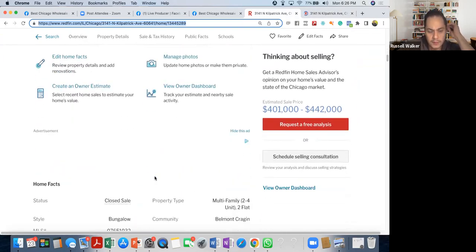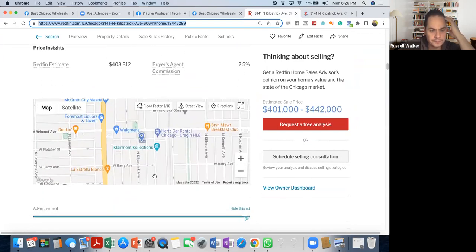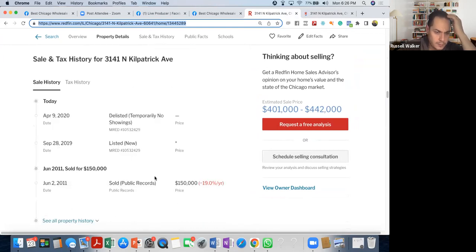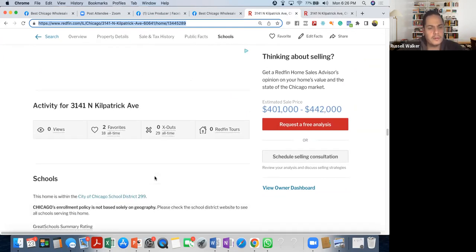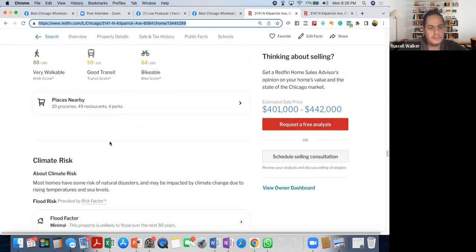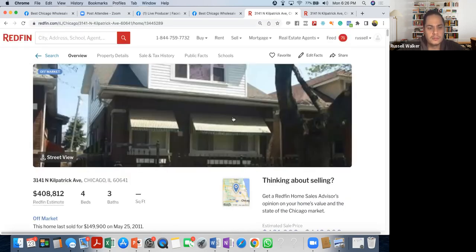So this property is a 3-unit building. It's in the Portage Park neighborhood. Or is it in Belmont Creek? Let me see. Kelvin Park area. So 60641 zip code.